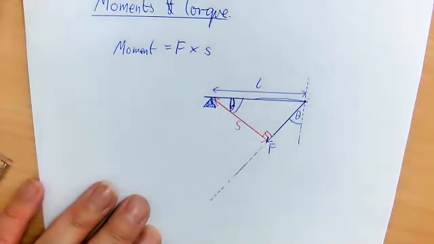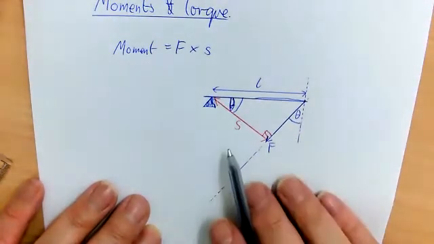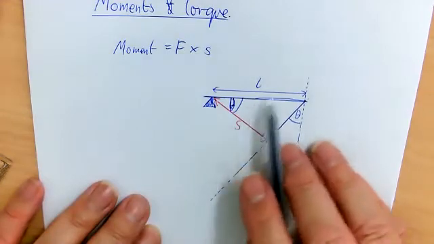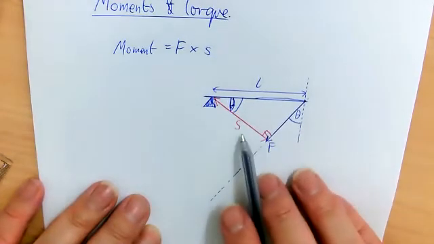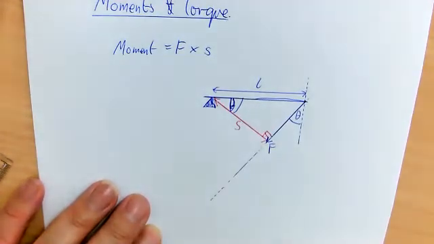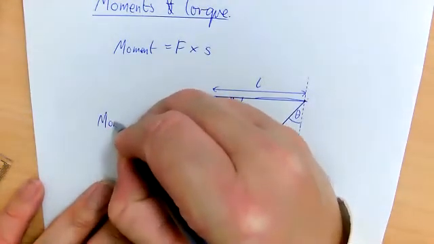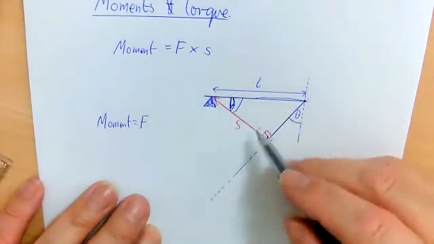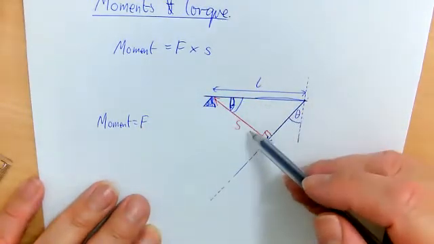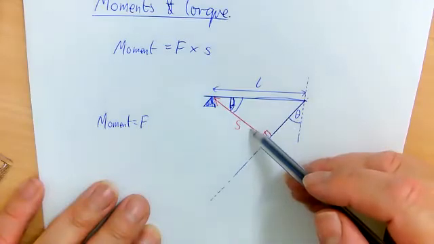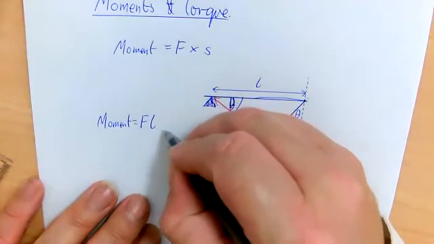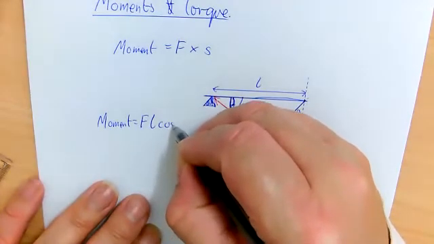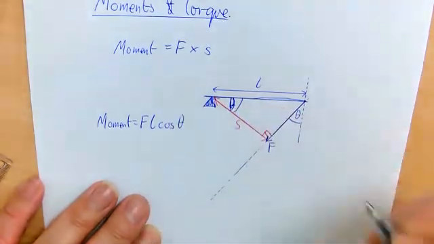So all I've really got to do is recognize, using geometry, what S is in terms of L and theta, and that angle. So the moment is equal to the force times, well, if I'm wanting to work out the adjacent, that's cosine, so it's times length times the cosine of theta, okay?